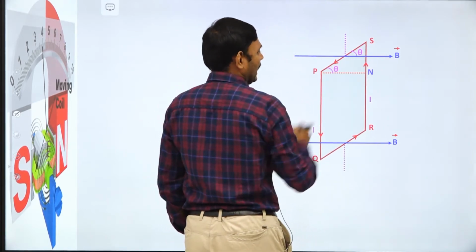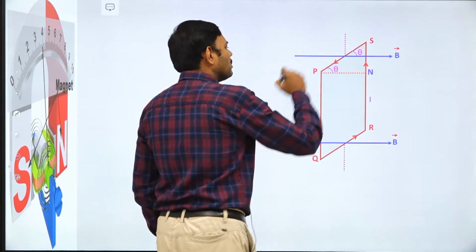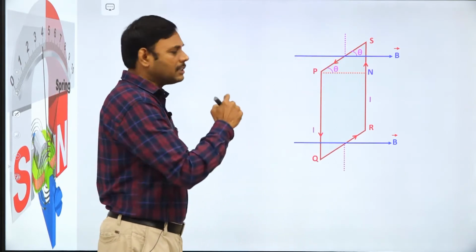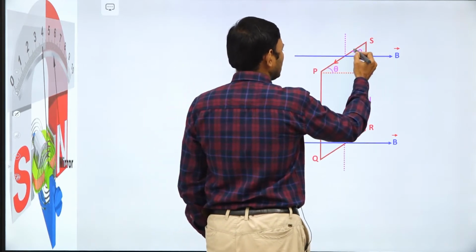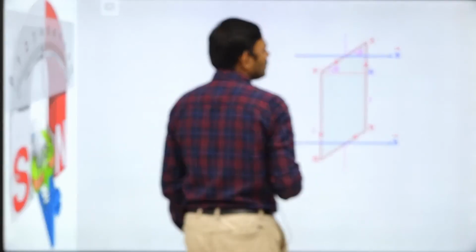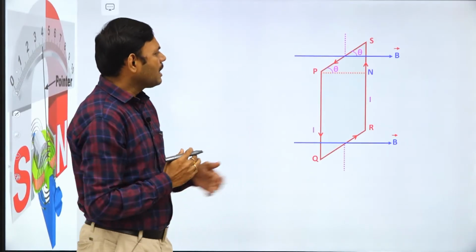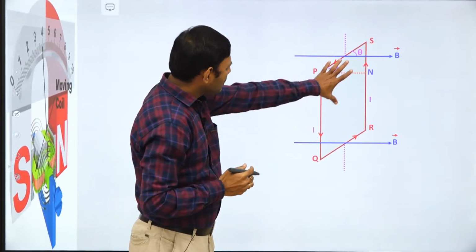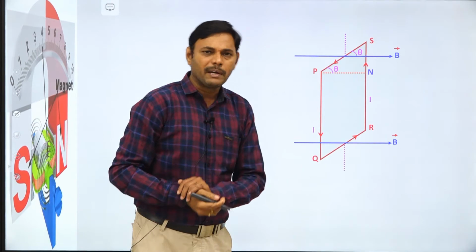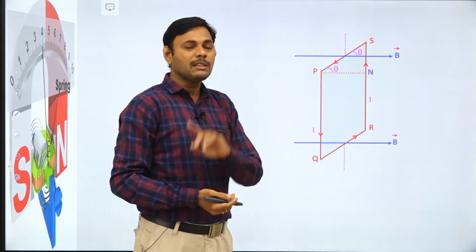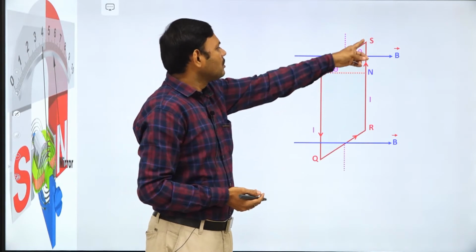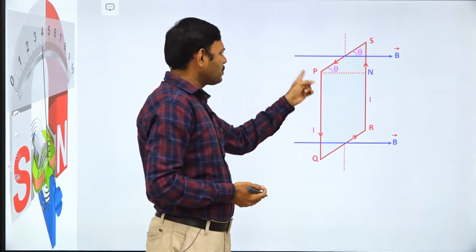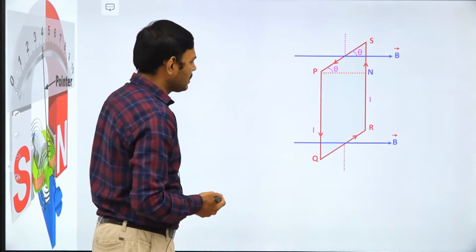The magnetic field B bar makes an angle theta with the PS line. That means that is also the angle made by the magnetic field with the face of the coil, which is also equal to the angle between the SP line and B bar, that is theta.